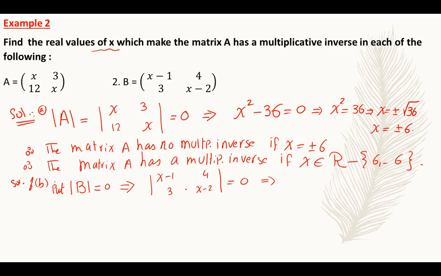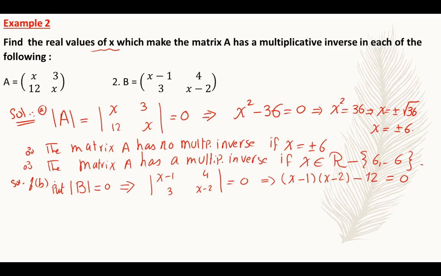x minus 1 multiplied by x minus 2, minus the multiplication of the other diagonal, which will be equal to 3 times 4, which is equal to 12. And all of this equals 0.